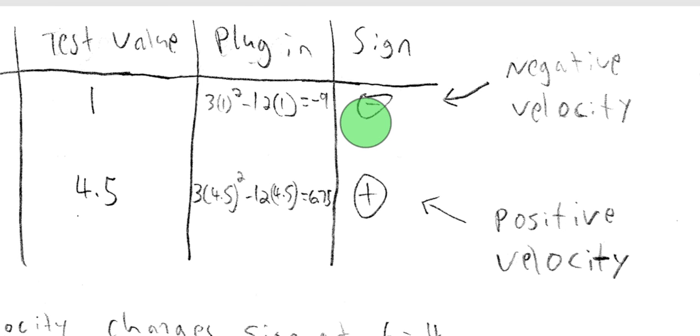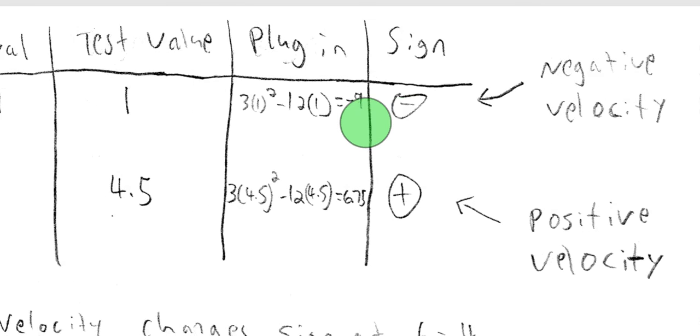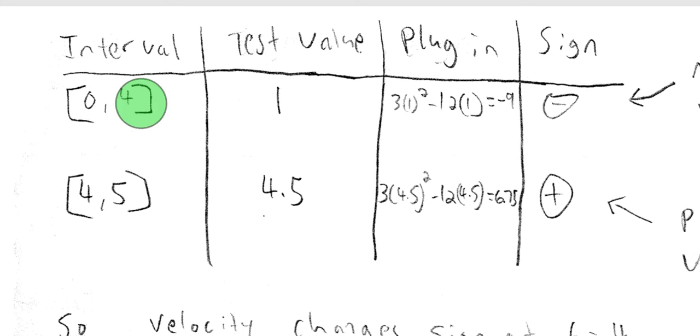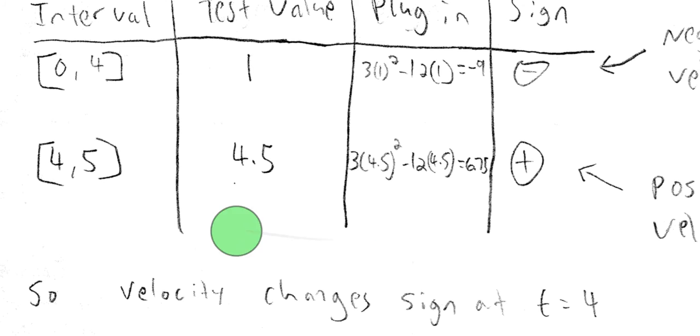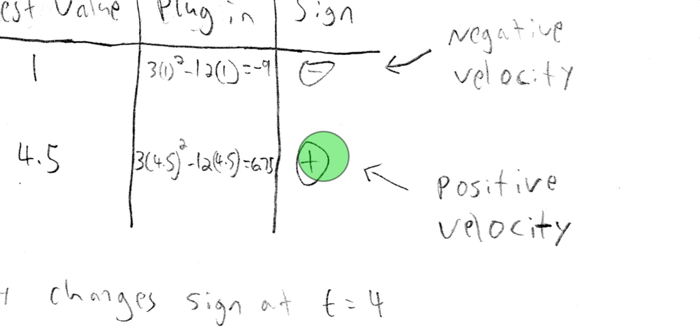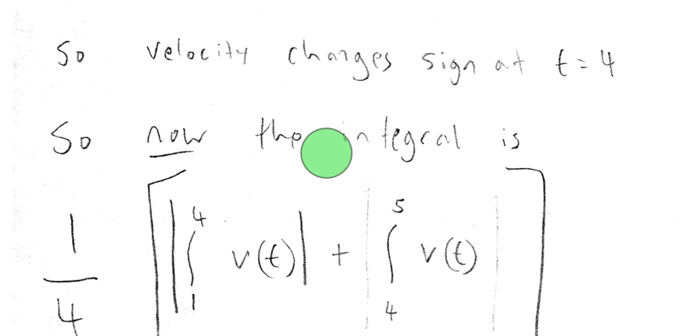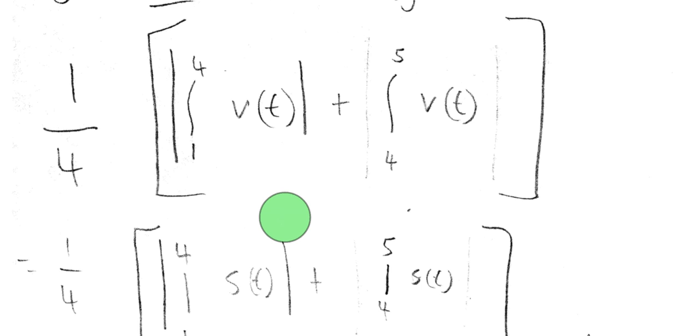That means the velocity is negative on the interval 1 to 4, or 0 to 4, it doesn't really matter, and therefore we're going to have to take that part of the function and make it positive, which basically means multiplying it by negative 1. It'll flip it up above the t-axis. From 4 to 5, however, we get a positive number back, so we won't have to do anything to that part. So the velocity changes sign at t equals 4.